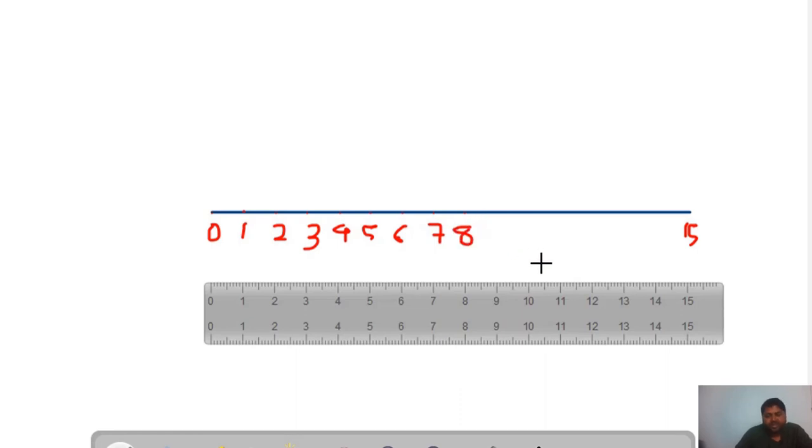So we take 0 to 1 unit and then we draw a 1 unit perpendicular line.